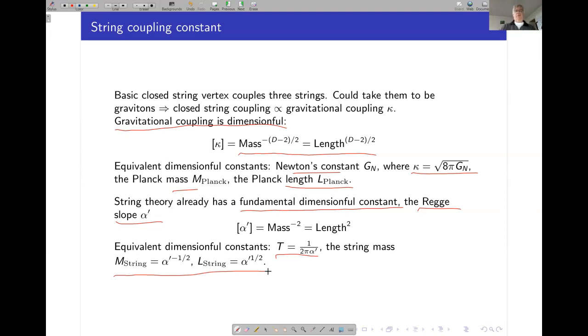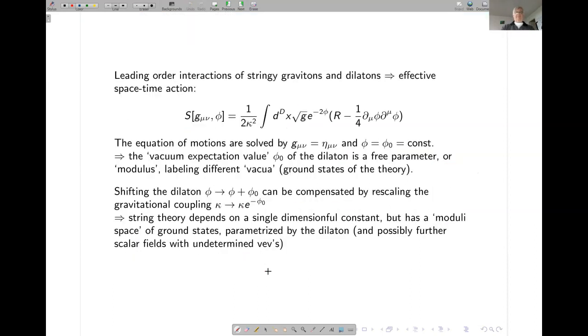But this is not so, for the following reason. Here I have to cite something that comes out if you really analyze interactions. More precisely, if you analyze interactions between gravitons and dilatons in string theory, you can rewrite the result in terms of an effective action for the graviton or metric and the dilaton, and up to higher derivative terms, it takes the form that we have indicated here.